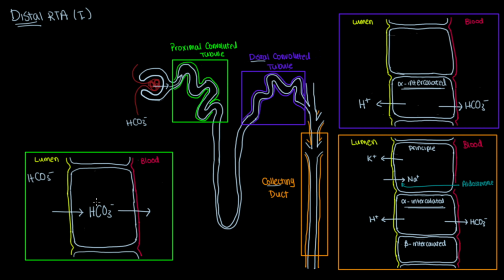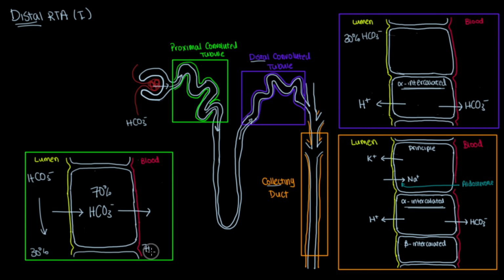And this time in the proximal convoluted tubule, because it's functioning correctly, we have about 70% absorption of bicarb, which leaves around 30% of bicarb being dumped into the rest of the lumen for the rest of the nephron, making it all the way up into the distal convoluted tubule, where you have, again, about the 30% of the bicarb here.